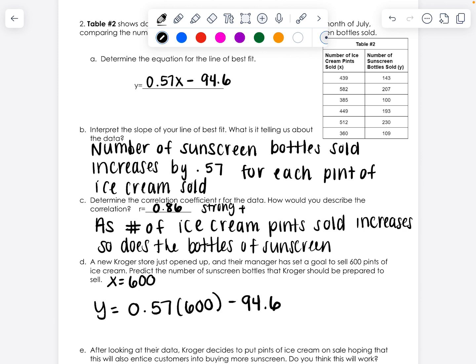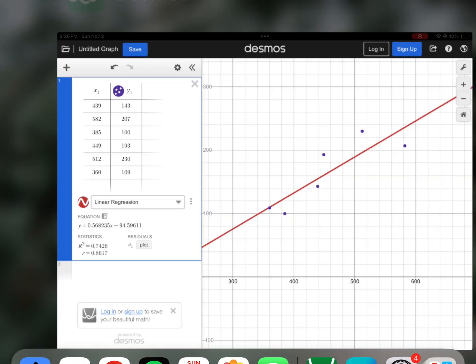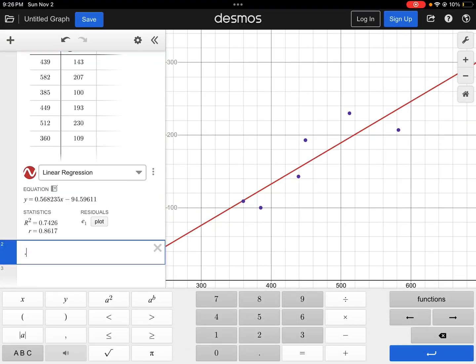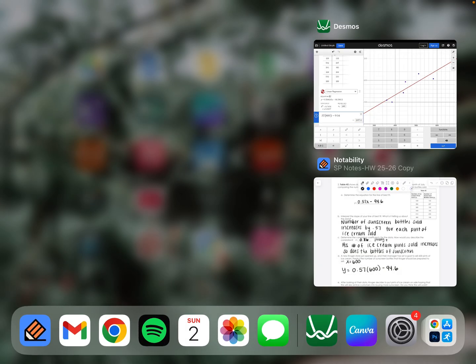And we're typing that into Desmos. So 0.57 times 600 in parentheses minus 94.6 gives me 247.4.